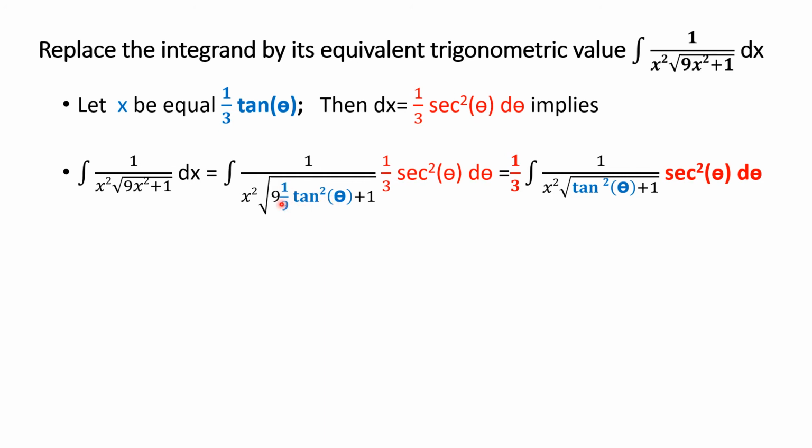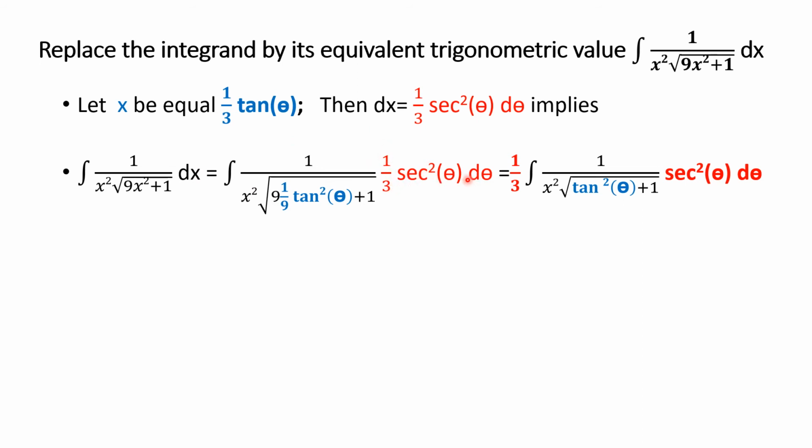Now we can see the 9 cancels the 9, and we'll be left with tan square theta plus 1. But also dx has this red value, which is 1 over 3 sec square theta d theta. So we replace dx by 1 over 3 sec square theta d theta.